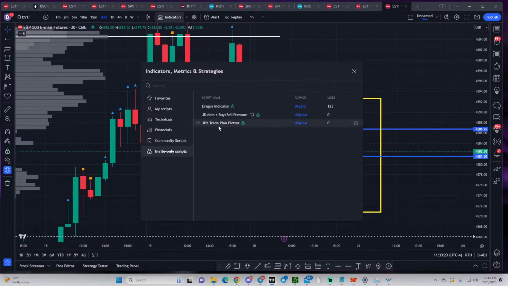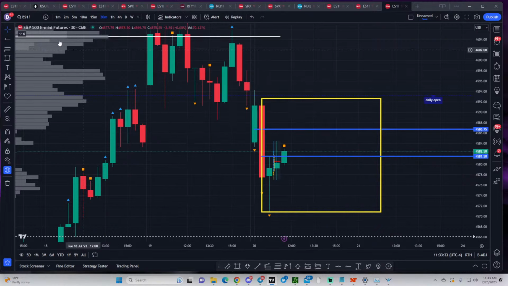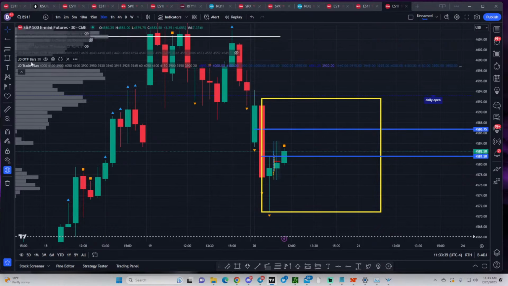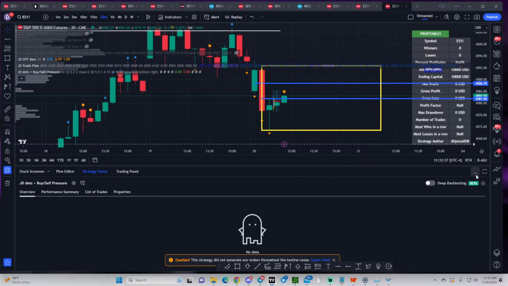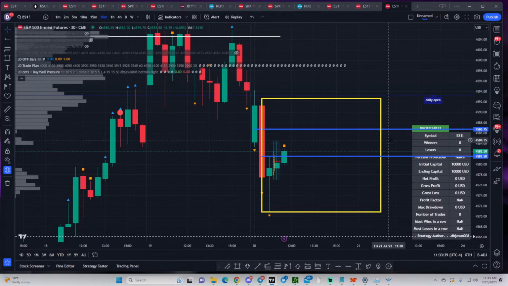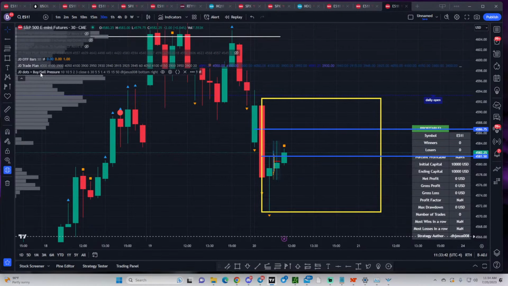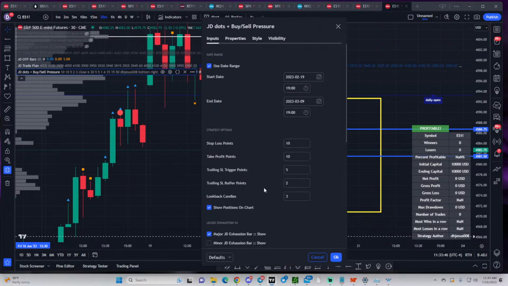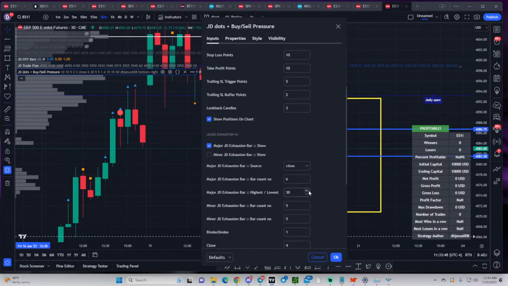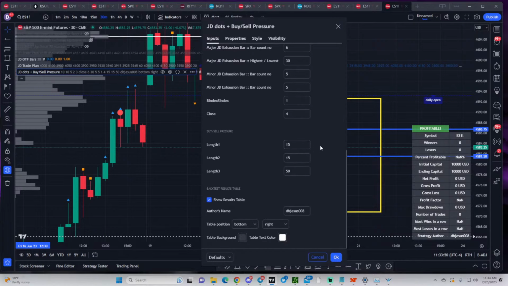Like the trade plan plotter, and then the buy sell pressure. Let's just say, for example, you click here and you click here. The indicator automatically adds to your chart. If you want to have the same settings that I have, just let me know, and I'll share my settings with you.